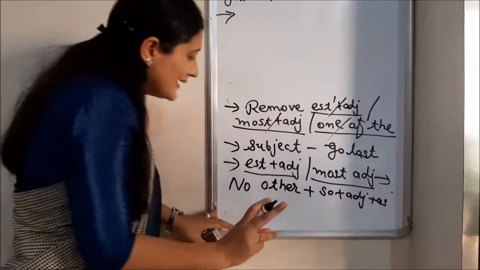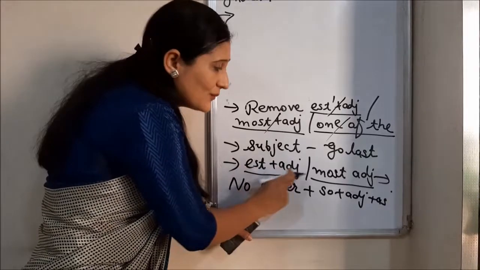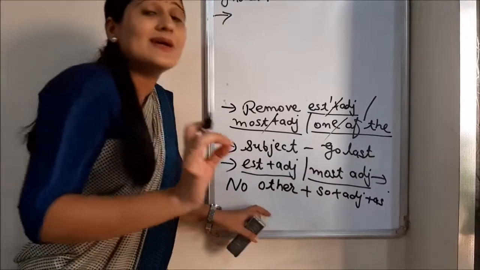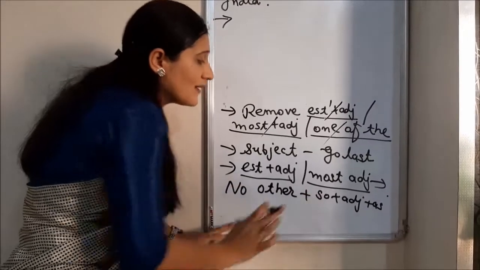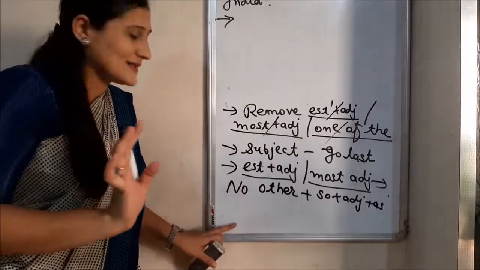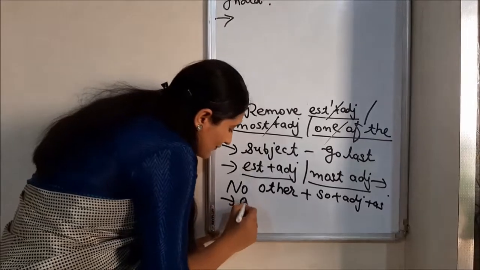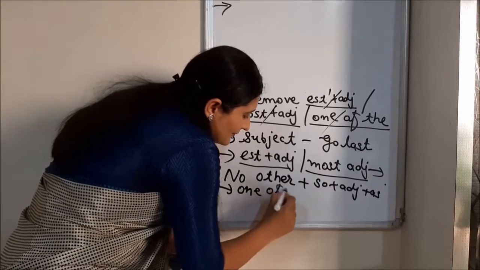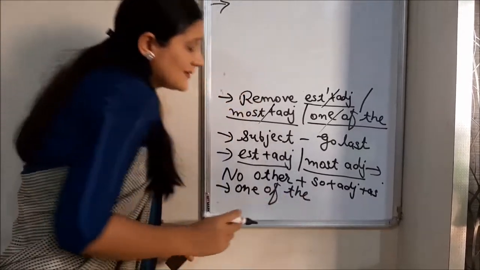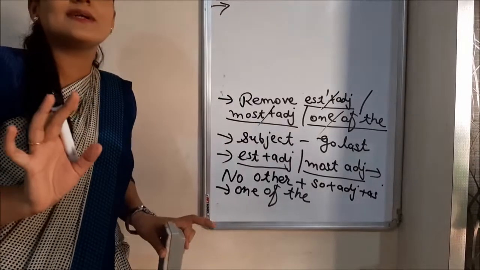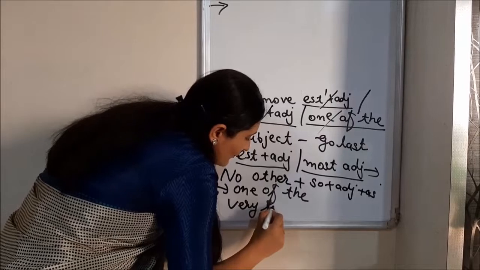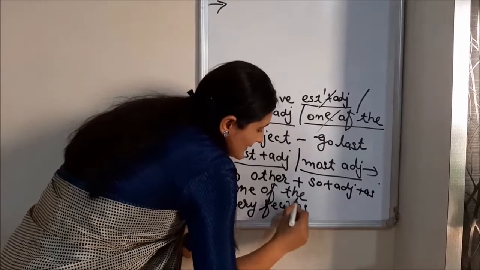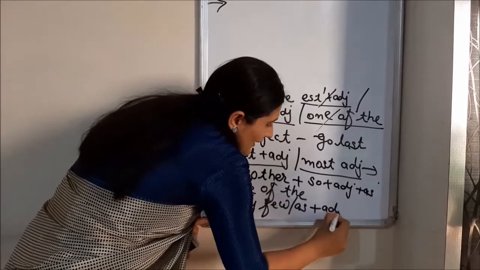See, if EST plus adjective or most plus adjective is given in the sentence, you will write no other plus so adjective s, right? But if one of the is given in the sentence, then you will write very few adjective s.